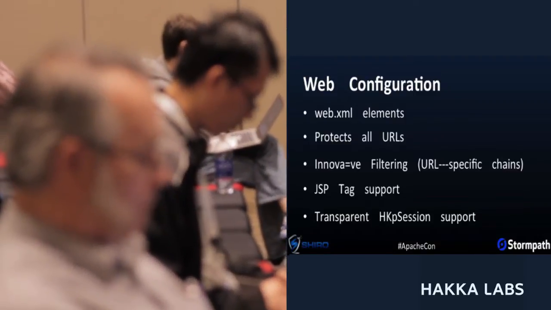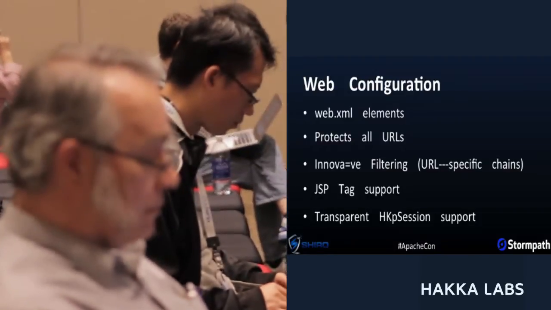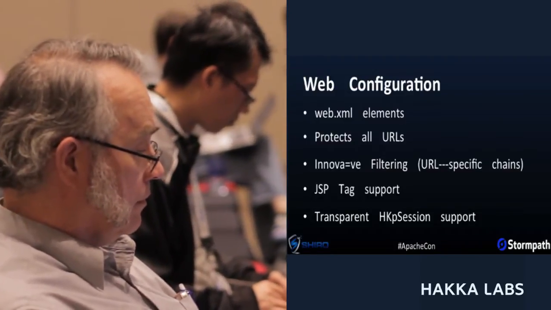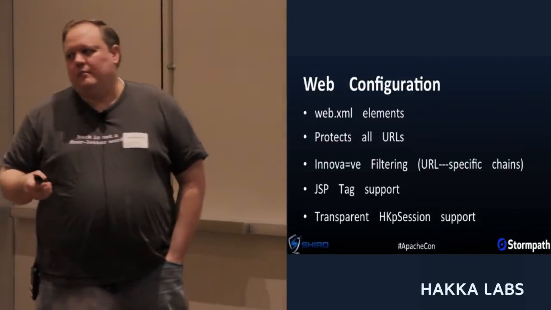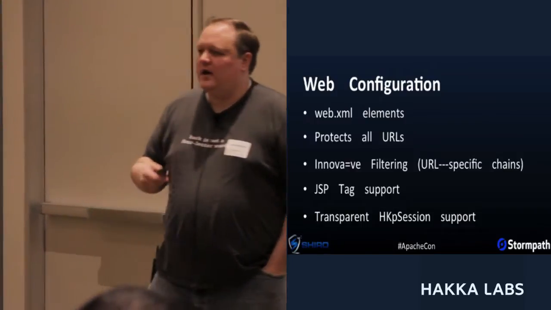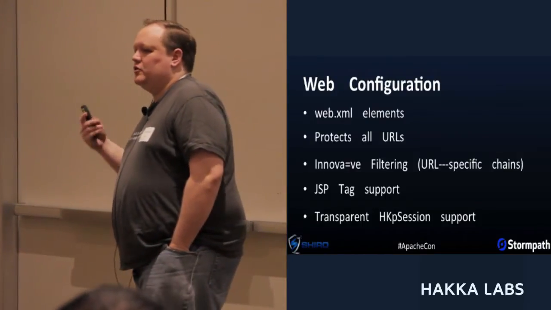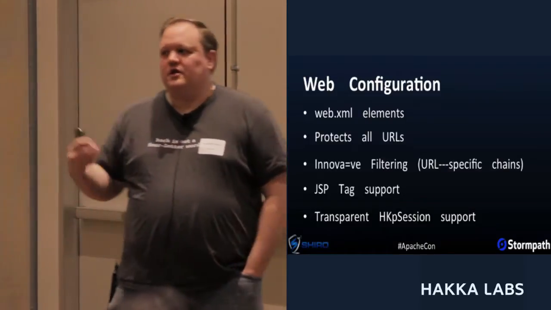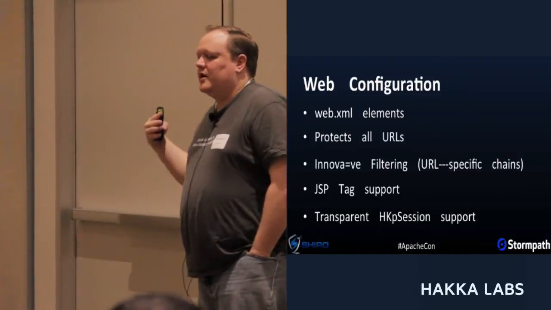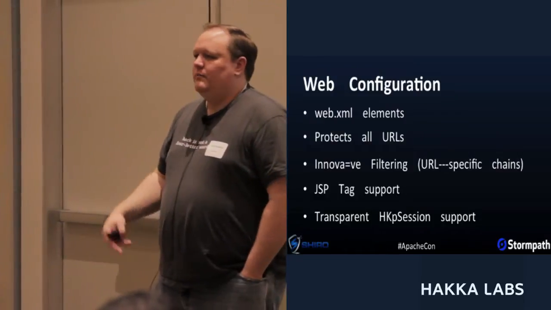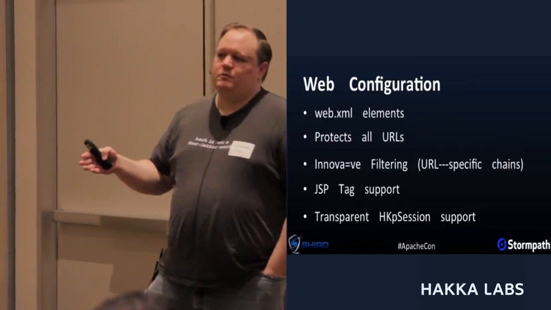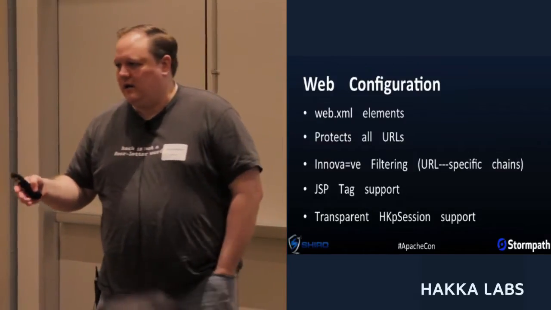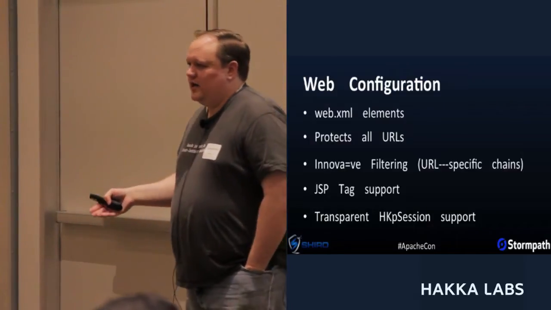With Shiro's web config, it's just a couple things that you drop in web.xml, and Shiro will then protect all URLs. Any request that flows through the application will be intercepted by Shiro, and it will make security decisions as to whether or not the request is allowed to continue. So maybe a certain part of the application is supposed to only be accessed if you're authenticated, or if there's a known user identity.